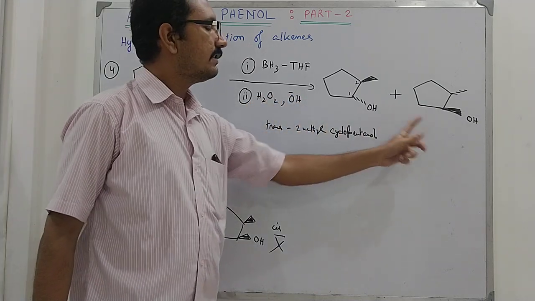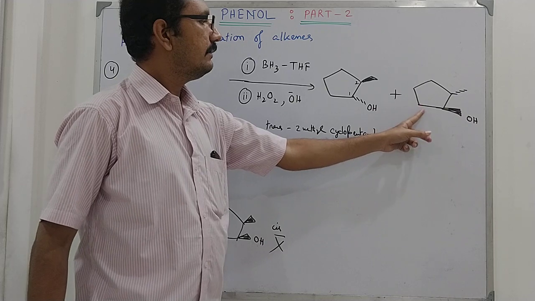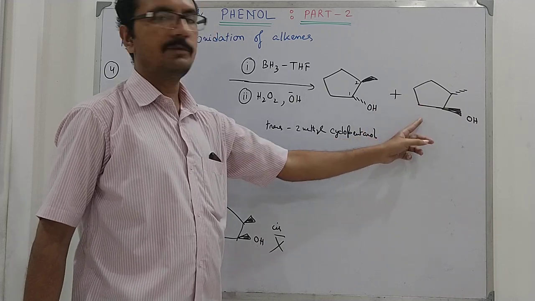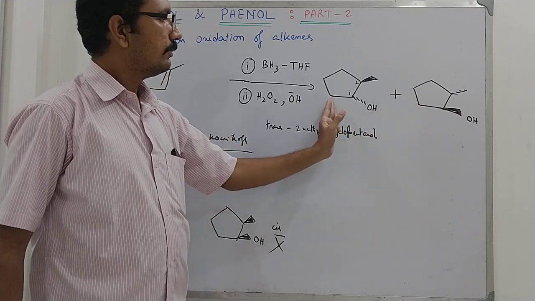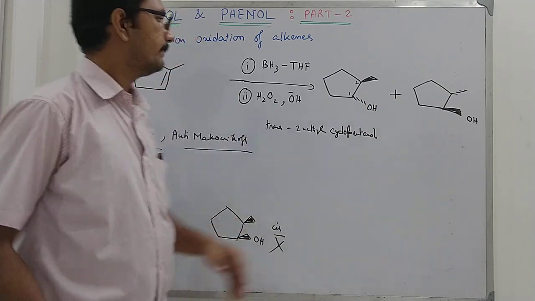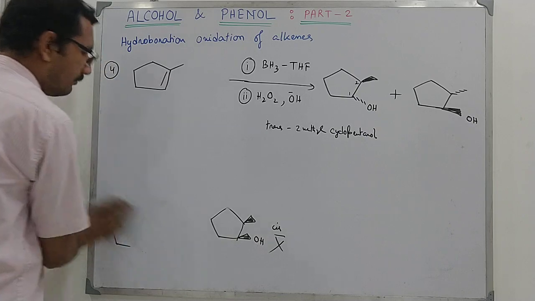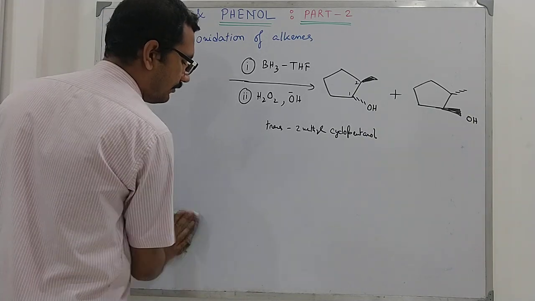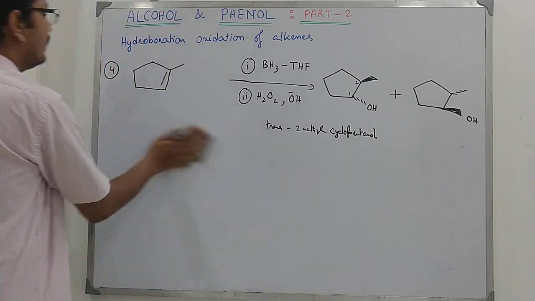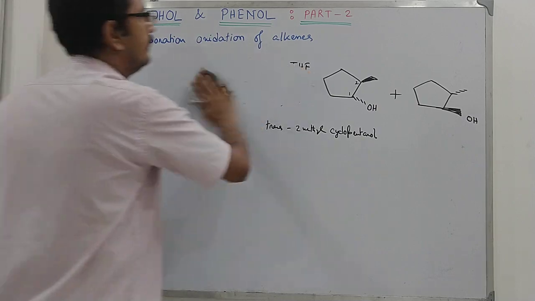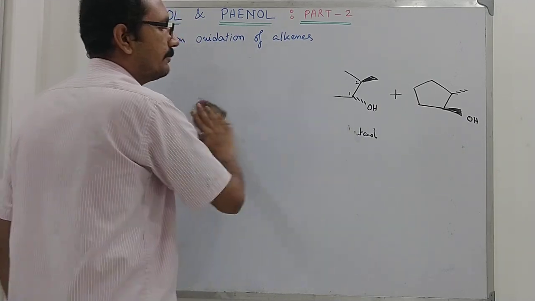So we will have 50% of these two enantiomers. See, these two are non-superimposable mirror images of each other. So we will have a racemic mixture here. So hydroboration oxidation not only gives you anti-Markovnikov hydration, it also gives you regioselectivity and the reaction is stereospecific.